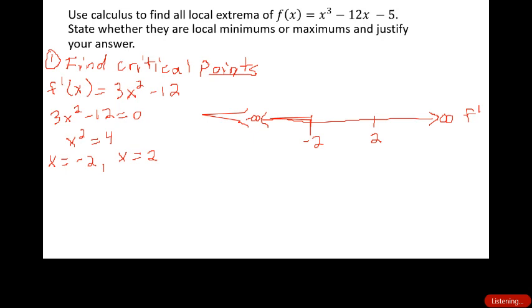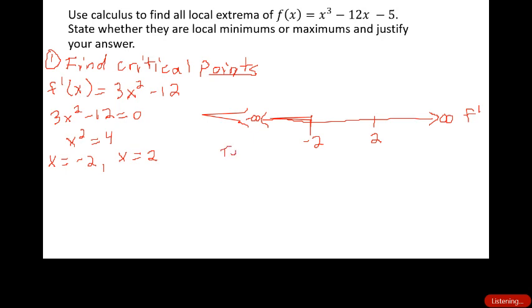I'm going to pick a test point in each of these intervals, and I'm going to plug that test point into the first derivative. Remember, it doesn't matter what test point you pick. Any test point in these intervals, don't use negative 2 or 2, use something else, is going to work, and all you really care about is whether the derivative is positive or negative.